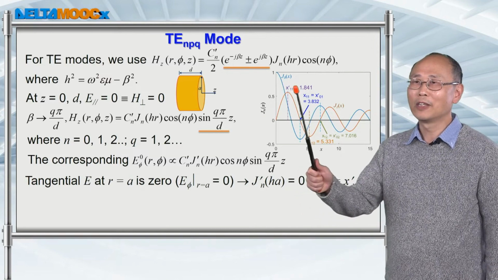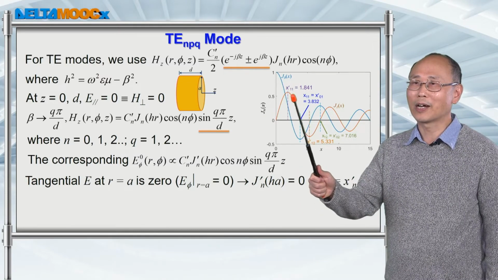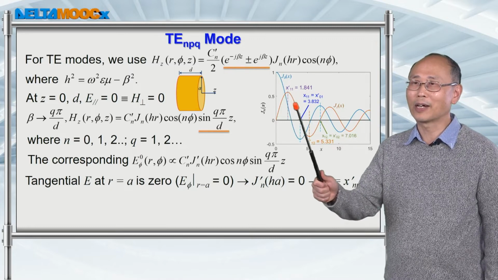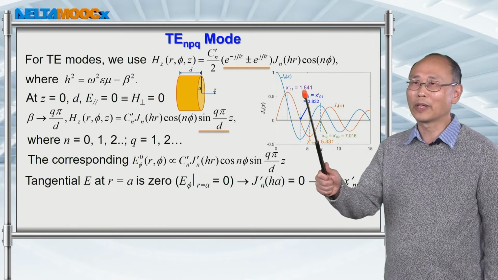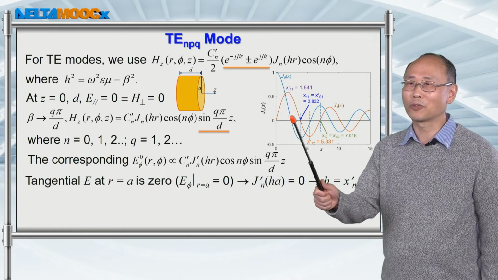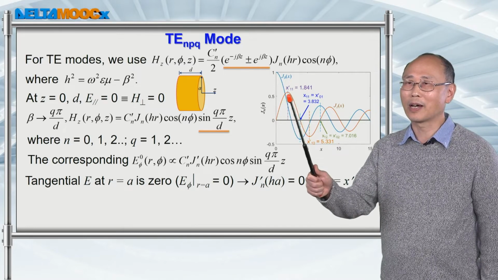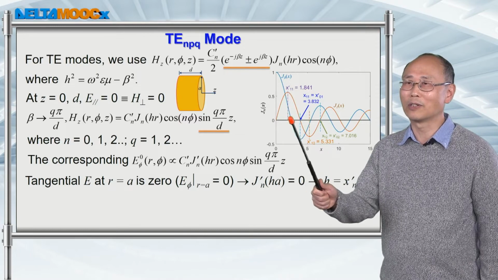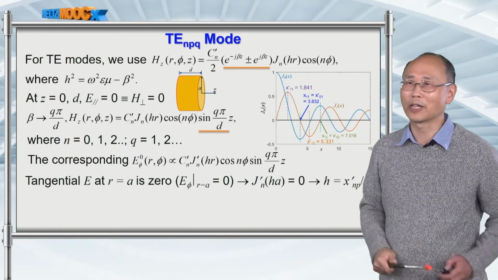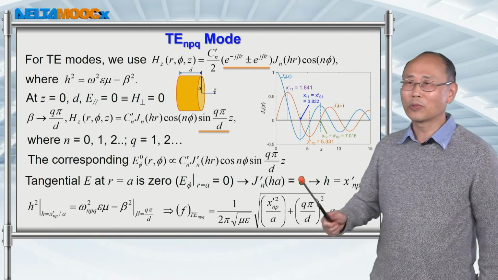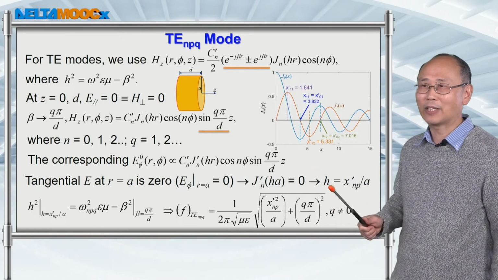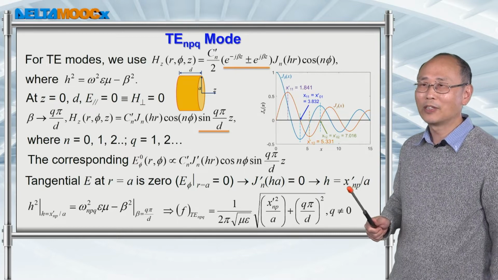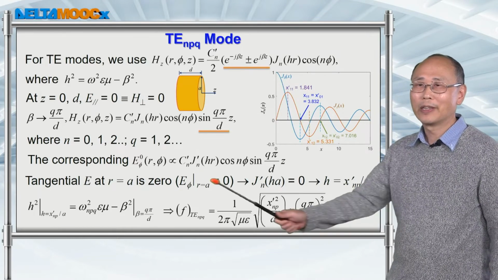For example, the first zero of the J1 prime function will have a value equal to 1.841, matched to this point, because at this peak point, if you do a differentiation, you get zero slope at this location.